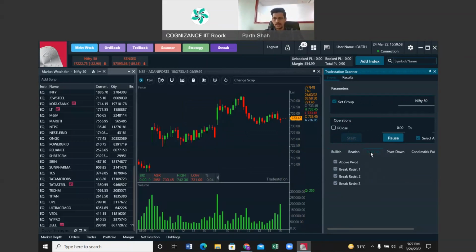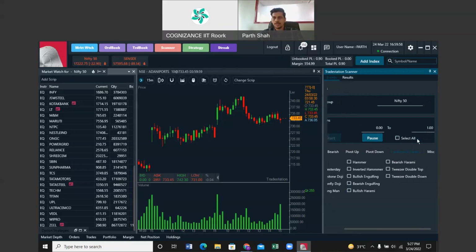So I say all the stocks which have above pivot, or have broken the resistance one, or broken the resistance two. I want to see all those stocks, or broken the support, or where the hammer has formed, or doji has formed. So I have selected all.